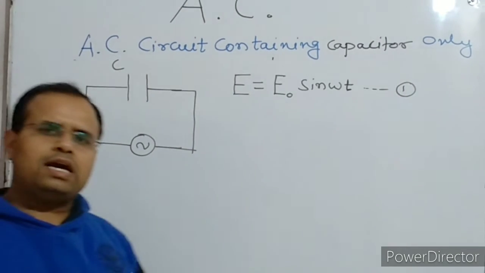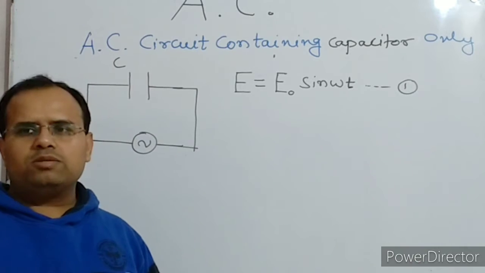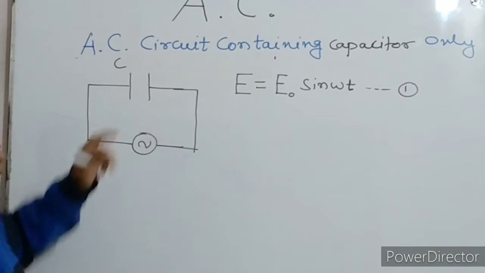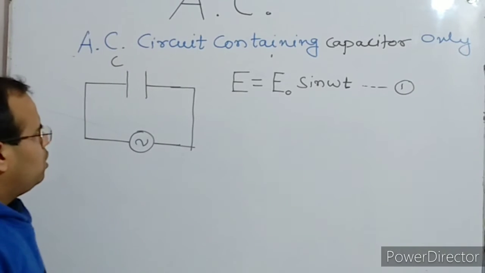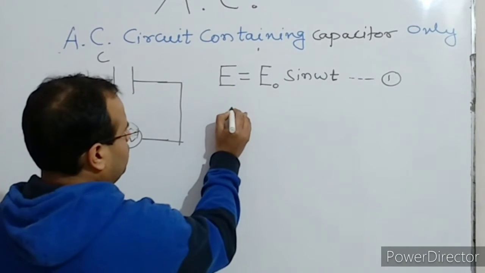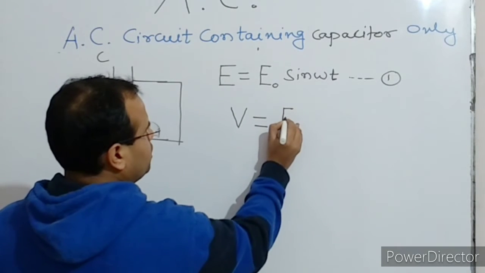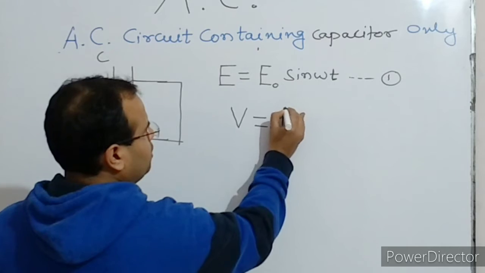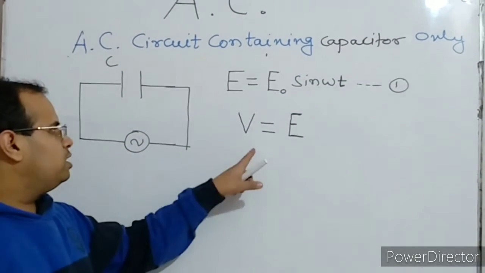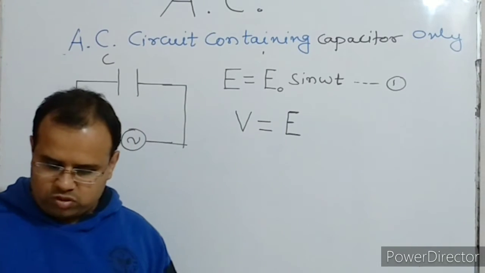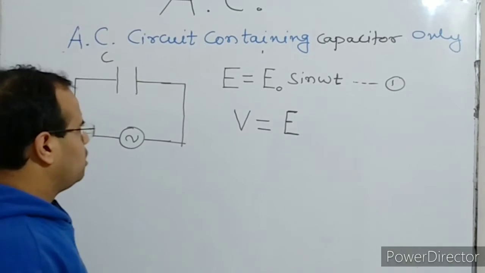As the value of the EMF varies, similarly the potential difference across the plates of the capacitor will also vary. Every time the alternating EMF varies, there will be change in the potential difference.